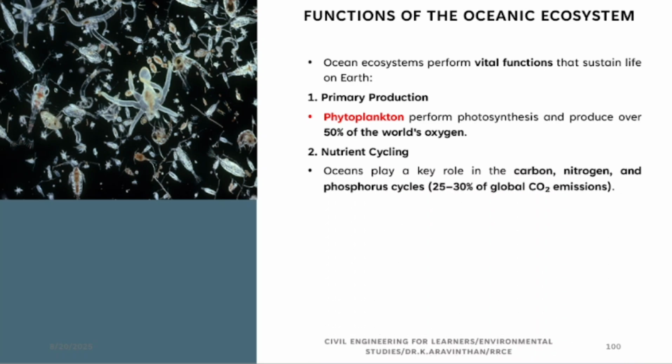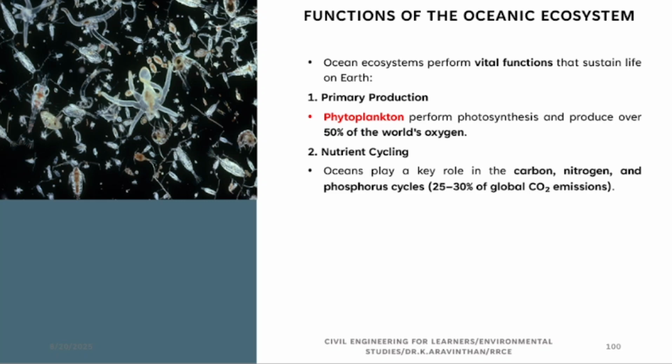Next thing is called the nutrient cycle. So what the ocean does for us, its primary role, is the carbon, nitrogen and phosphorus cycle. These three cycles cannot be done by the rest of the ecosystem, but the ocean does. They do the carbon cycle. From where they dig the oil, crude oil they dig.